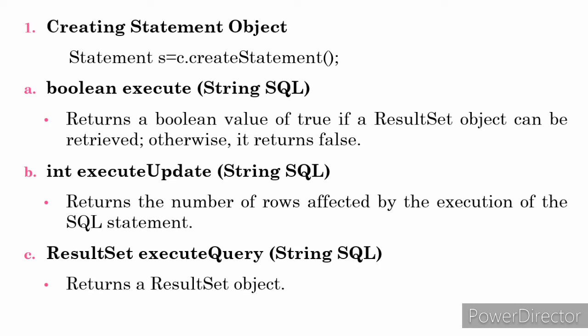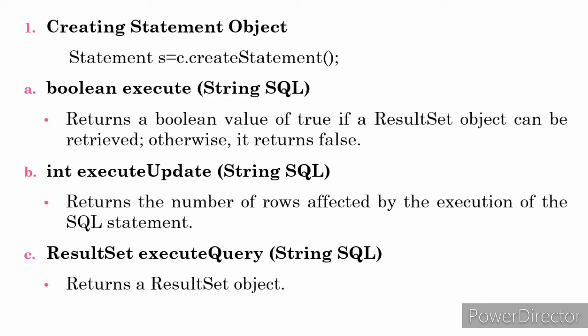Next, ResultSet executeQuery(String sql), which takes a string SQL as a parameter. It returns the result set object, and you use this method when you expect to get a result set, as with a select statement.